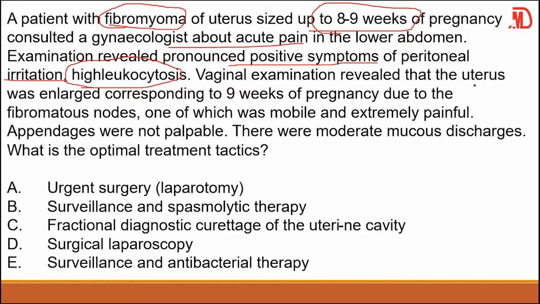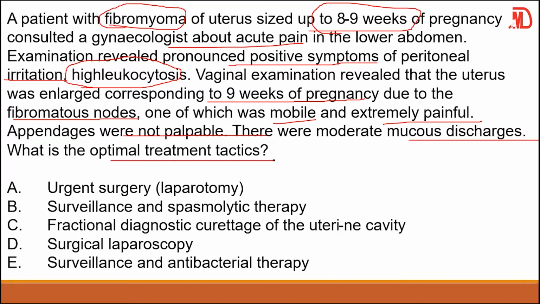Vaginal examination revealed that the uterus was enlarged, corresponding to 9 weeks of pregnancy. So the fibromyoma looks as if we're having a pregnancy of 9 weeks, due to the fibromatous nodes, one of which was mobile and extremely painful. Appendages were not palpable. There was moderate mucous discharge. What is the optimal treatment tactics?